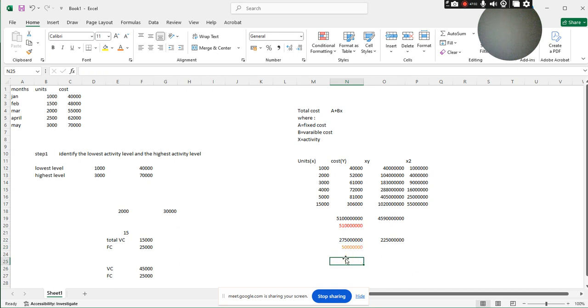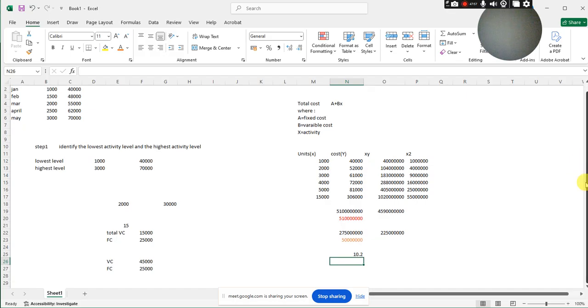Okay, so we can now say our b now is equals to this divided by this. Our b is 10.2, right? Yes, sir. So we have gotten our b, but we don't need only b, we need b and a, right?